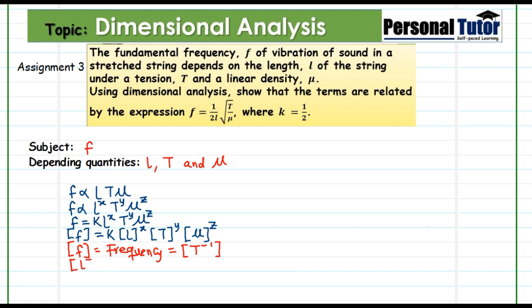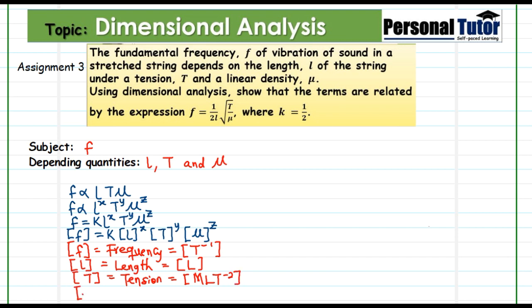The next is L, which is the length of the string. And length has its dimensional symbol as a capital L. The next is the T, and this T is called tension. So don't confuse the T with time. This is tension. Tension is a force, and the dimensional equation is M L T exponent minus 2.